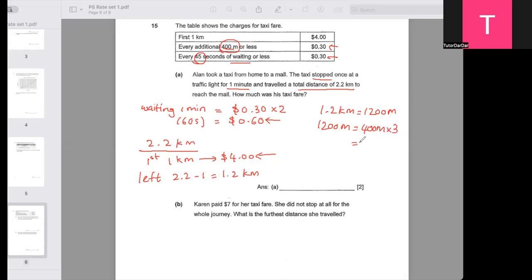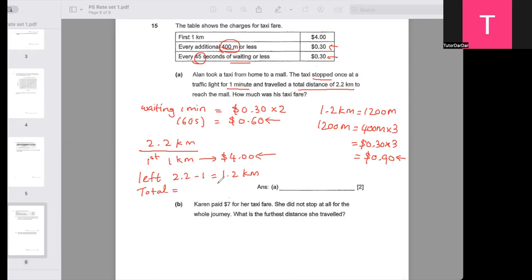So every 400 meter is how much? 30 cents. So multiply by 3, you will get 90 cents here. So here is another one to add in. So how much is the total?